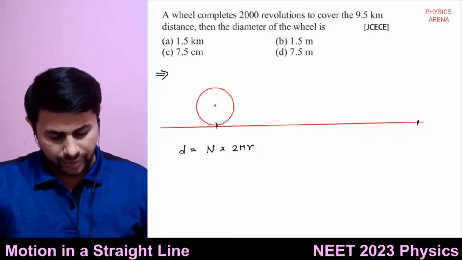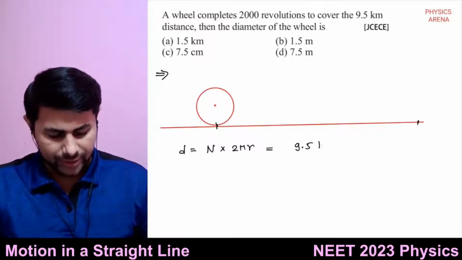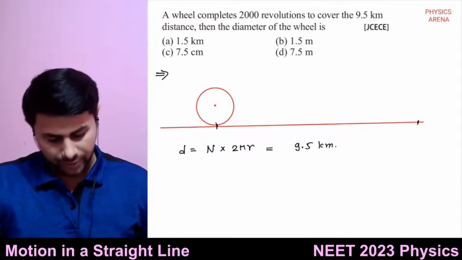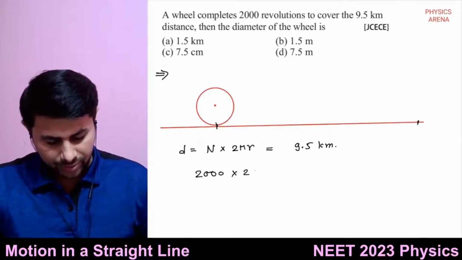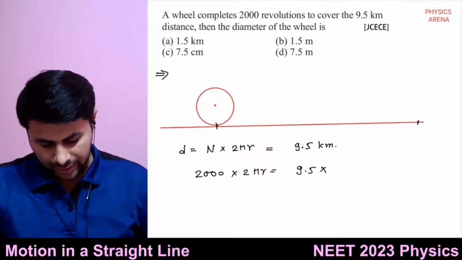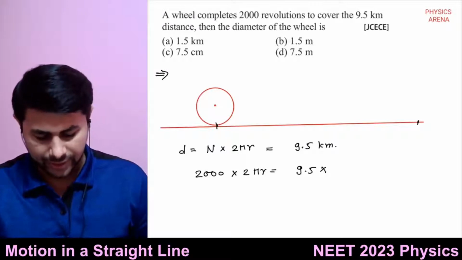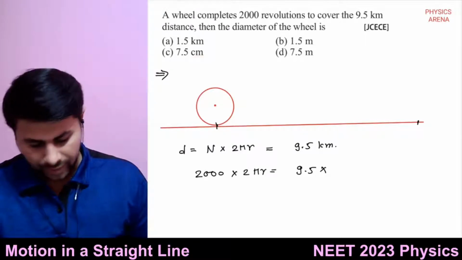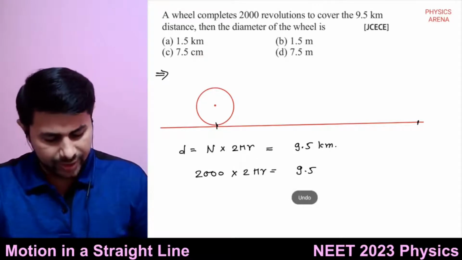Okay, and then it's equal to 9.5 kilometers. So this is 2000 multiplied by 2 pi r equals 9.5. Some answers are in kilometers, some are in meters, and one is in centimeters. So 9.5 kilometers, let's keep it as it is.